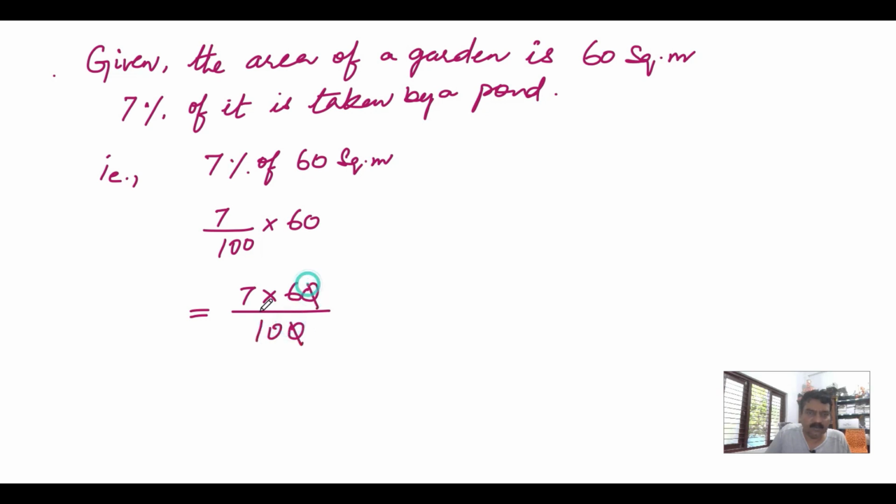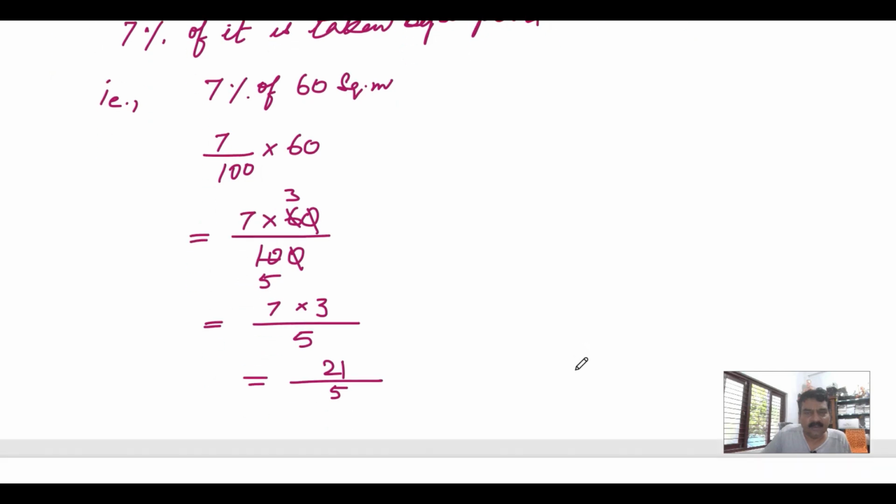This 0 gets cancelled. 2 3s are 6, 2 5s are 10, right? That equals 7 into 3 by 5. That is again equal to 7 3s are 21 by 5. Now you are going to divide it. So let's divide. 4 times 20, right? Point, go for 0, 5 2s are 10.